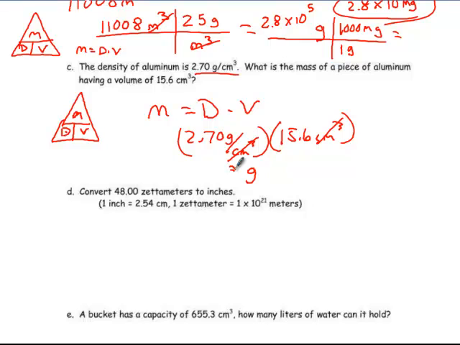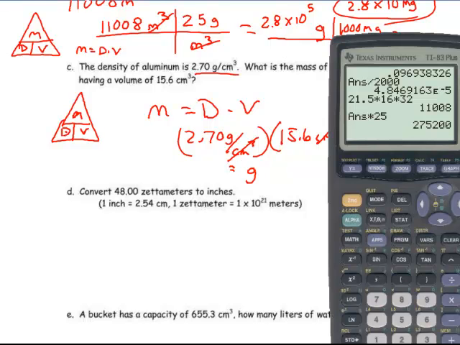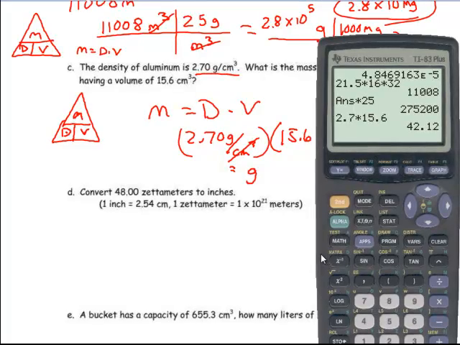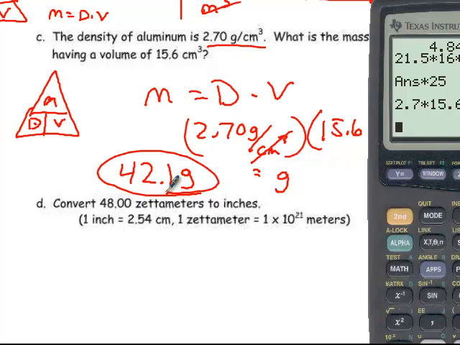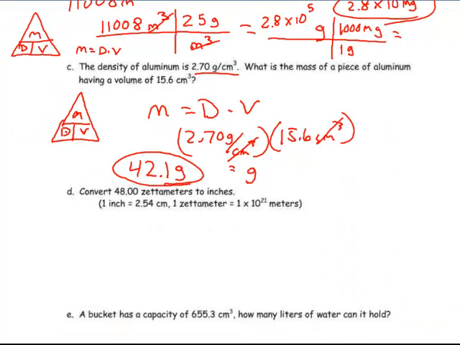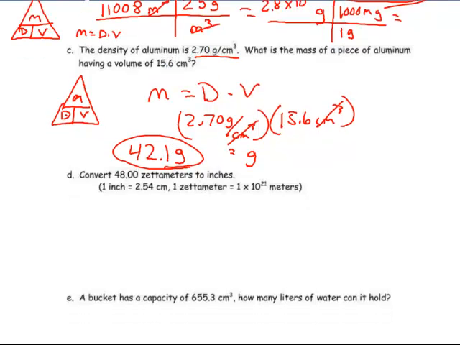I get 2.7 times 15.6. So my correct answer is 42.1 grams, 3 digits in my answer because each of those had 3. 2.70, final 0 after the decimal.